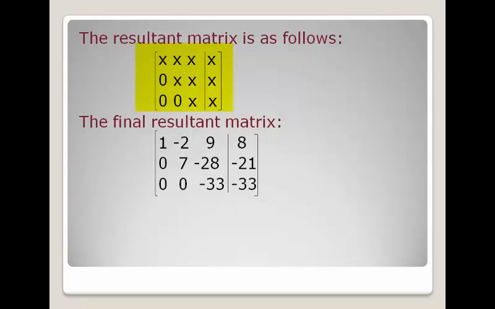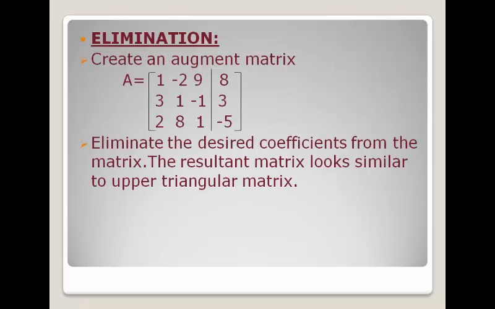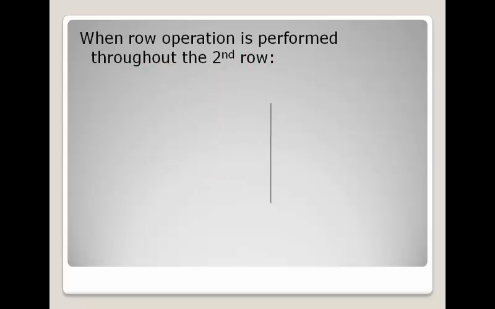Hence, if we consider the resultant matrix, it will be just like this. Cross symbols indicate that there will be some value, and 0s are marked in their desired positions. Now let's concentrate on how to make an upper triangular matrix through row operations. We have to make the 3 in the second row equal to 0. How is it possible?